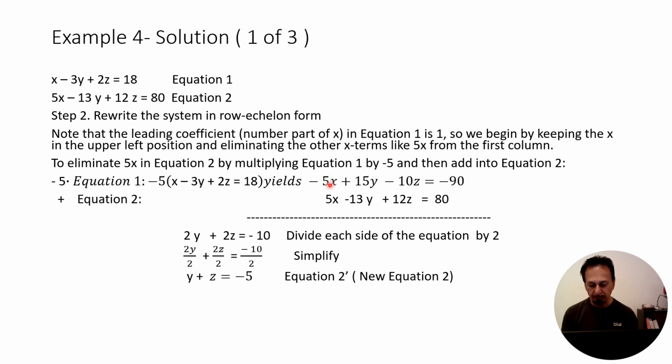So let's see, if we add, the 5x cancels. 15y minus 13y becomes 2y, minus 10z plus 12z becomes 2z, minus 90 plus 80 becomes minus 10. Now you can notice we can divide by 2. So we have 2y over 2 plus 2z over 2 equals minus 10 over 2, so it simplifies to y plus z equals minus 5.